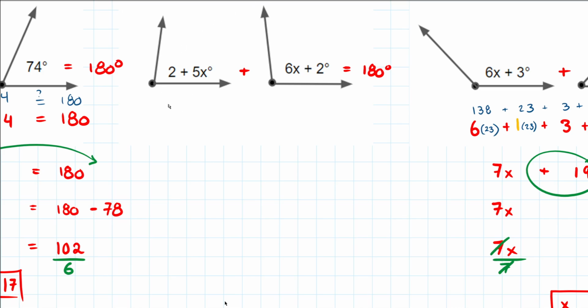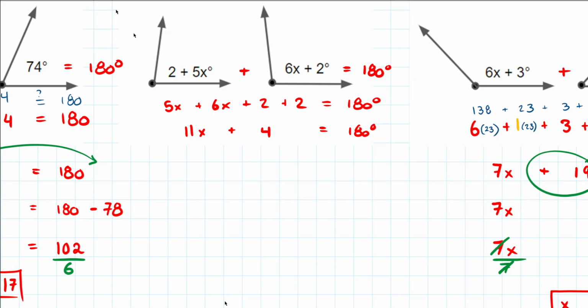So 5x plus 6x, and then 2 and 2. Plus 2 equal 180. Combine. So 5x plus 6x is 11x. 2 and 2 is 4 equals 180 degrees.